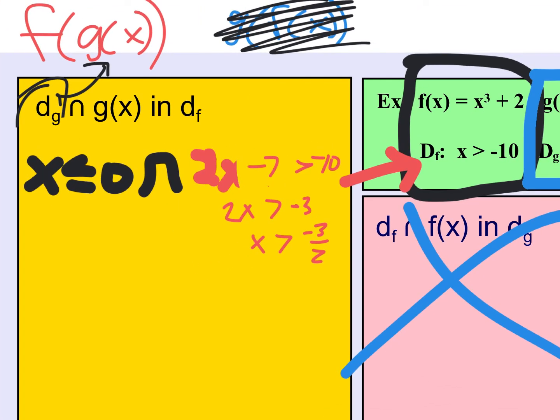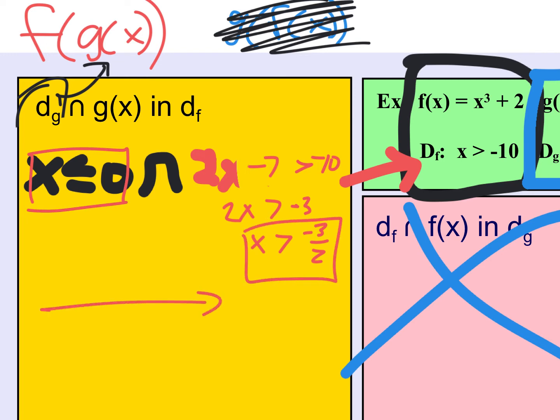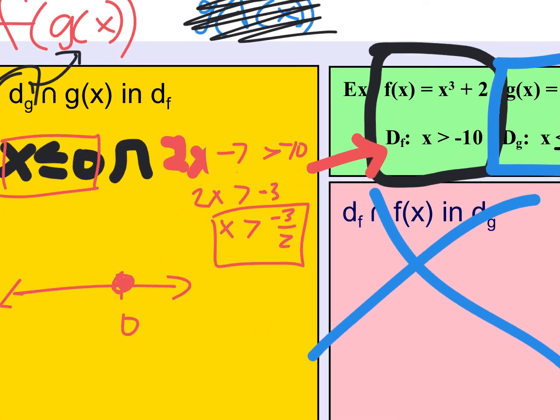Then that gets intersected with that, and I strongly recommend number lines. So often kids try to do it in their head, and they're like, oh, I can see that's between those two. It isn't always what you think. Here's 0, less than or equal to that. Making sure I said that right. Yep, it says or equal to there.